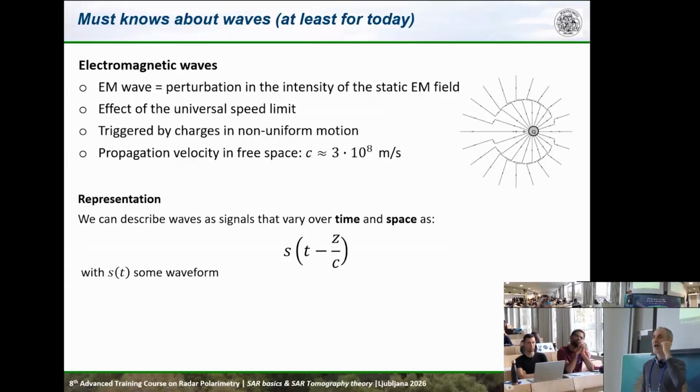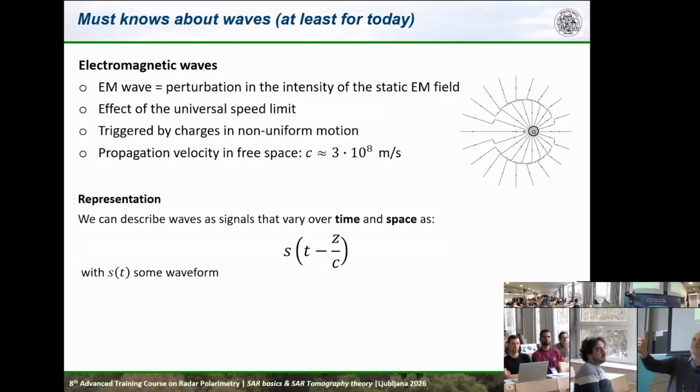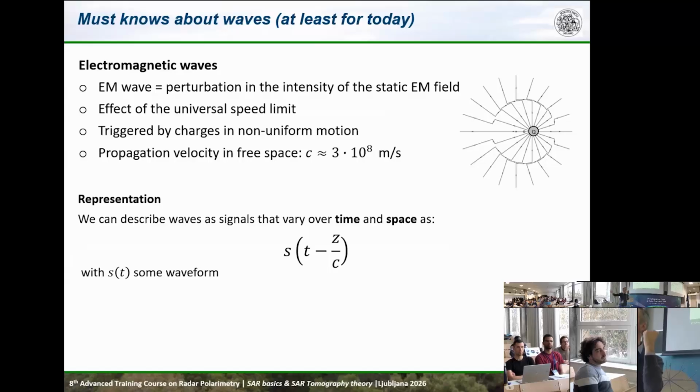But Einstein said that nothing can travel faster than light, including the information that this force has been modulated. So this information that the force is changing is not instantaneous. You don't get it at the very same moment where I start shaking my hand, but it needs time to propagate, okay? This is an electromagnetic wave.